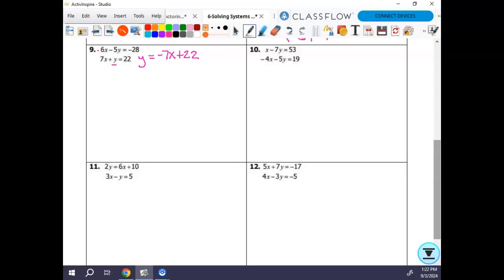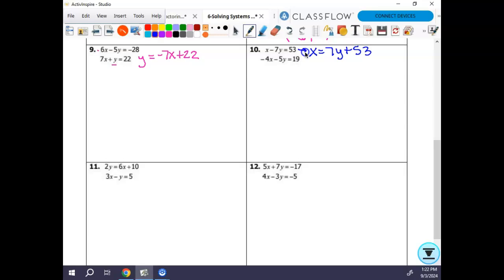So when we look at number 10, I definitely don't want to solve for something in the second one because nothing's going to divide evenly. And sometimes you can't avoid that. I could solve the top one for y, but there's nothing wrong with doing it for x. So this will be x equals 7y plus 53. Right?